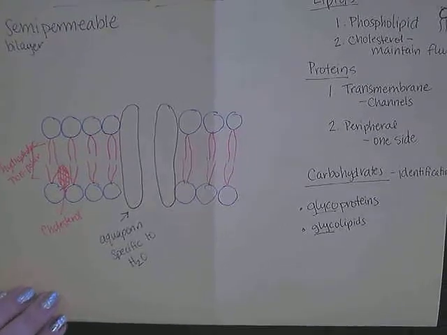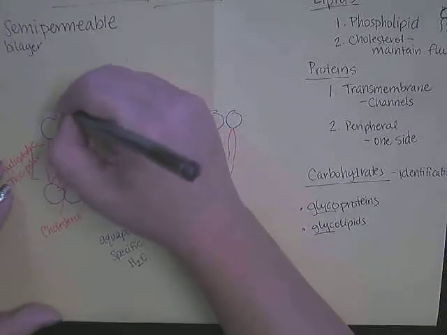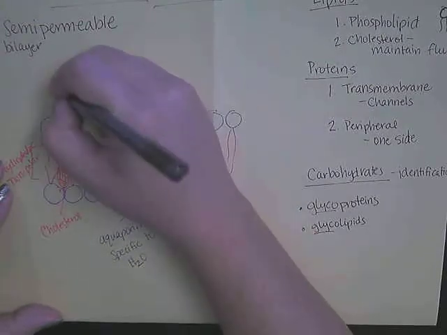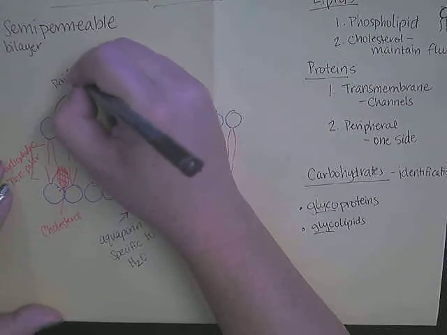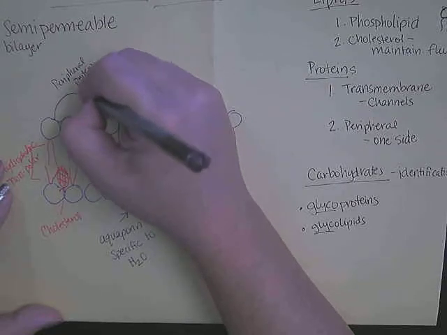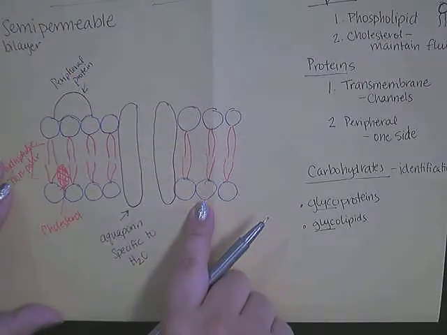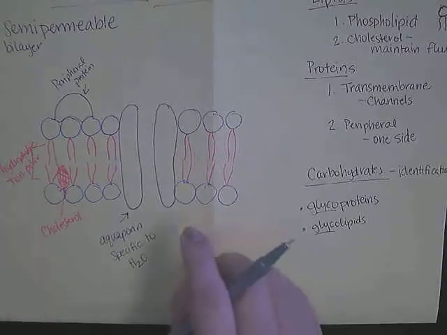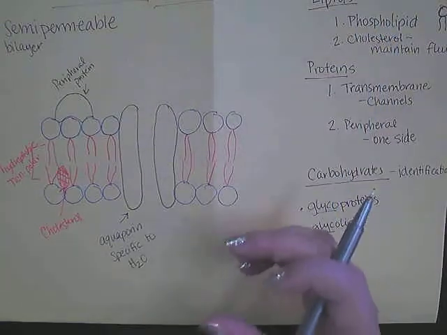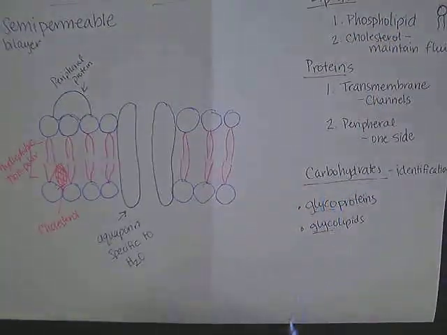We also have peripheral proteins, so peripheral proteins will stay on one side of the membrane. So here is my peripheral protein. Okay, it'll either be inside or outside. And the outside of the plasma membrane is going to have different structures than the inside of the plasma membrane.